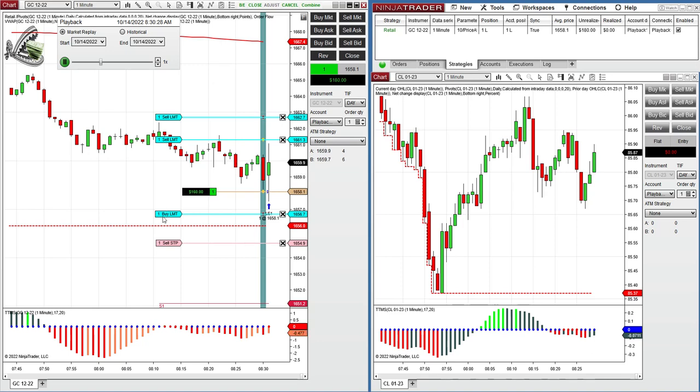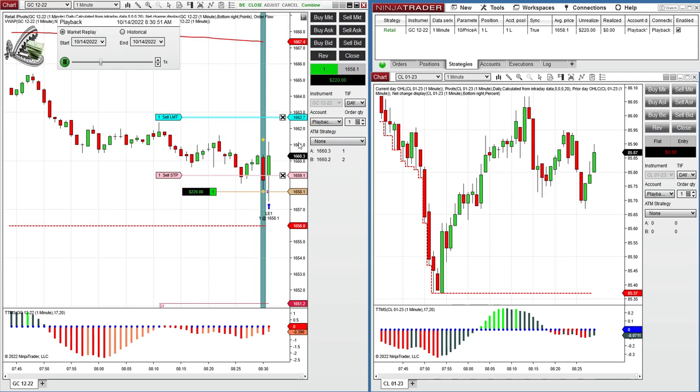I use the rule, if I can get my stop into safety, then I'll cancel the extra tier. And if I can get my stop into safety, I cancel the tier, move my stop into safety. I might even extend my target if it's a great trade and it's really looking like it's moving.